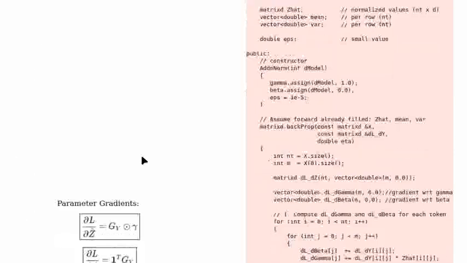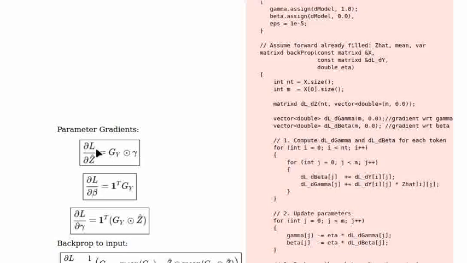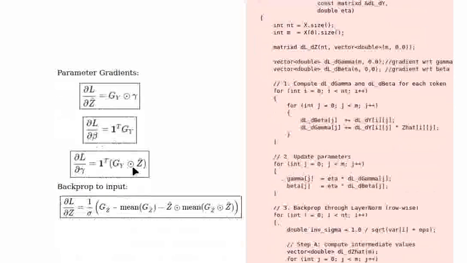So dL/dy is given, and dL/dc hat is given by gy times gamma. This is element-wise multiplication. And dL/dbeta is 1 transpose times gy. This is matrix multiplication. So 1 is a column vector, so 1 transpose becomes a row vector, and it times the gy.